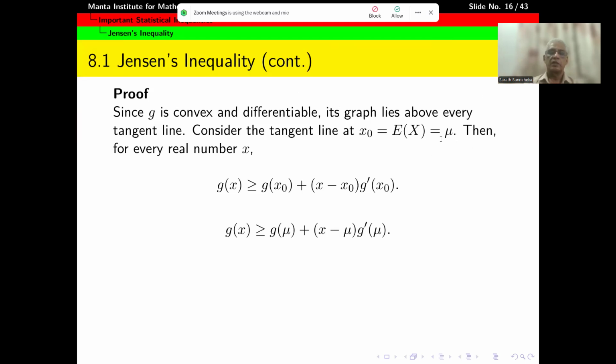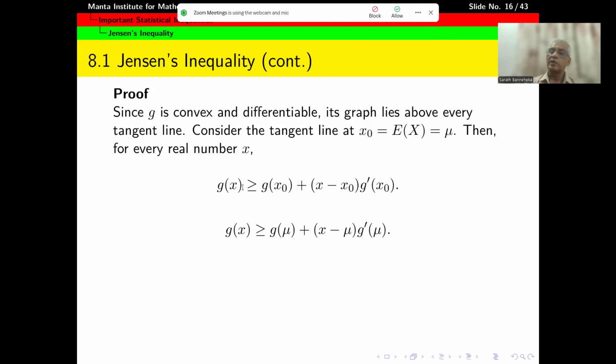So then for that point also, g(x) should be greater than or equal to the corresponding point on the tangent, which is given by g(x naught) plus (x minus x naught) g dash(x naught). So this is the point on the tangent drawn at x naught, at x equal to simple x.